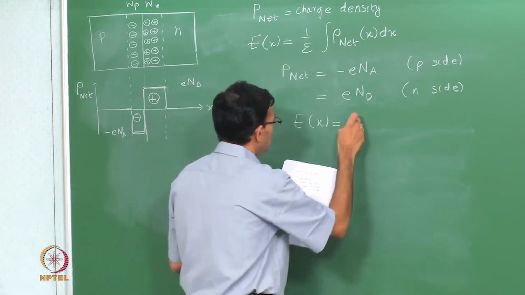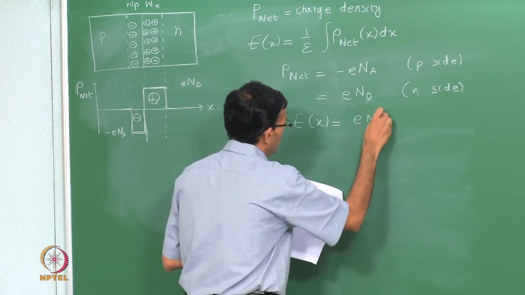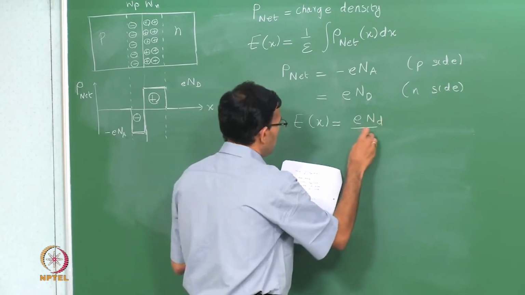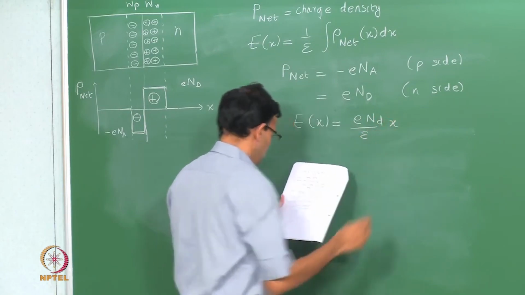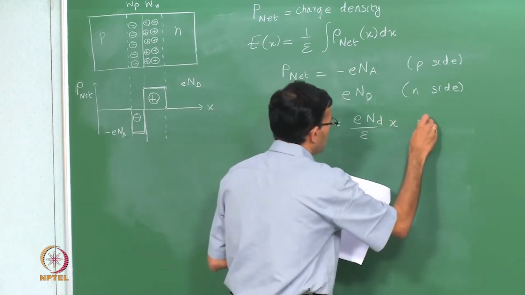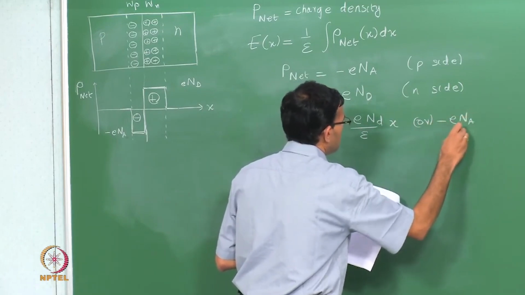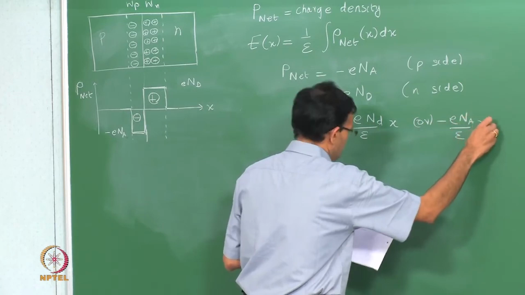So, the expression for the electric field E is equal to e Nd over epsilon times x, or minus e Na over epsilon times x.